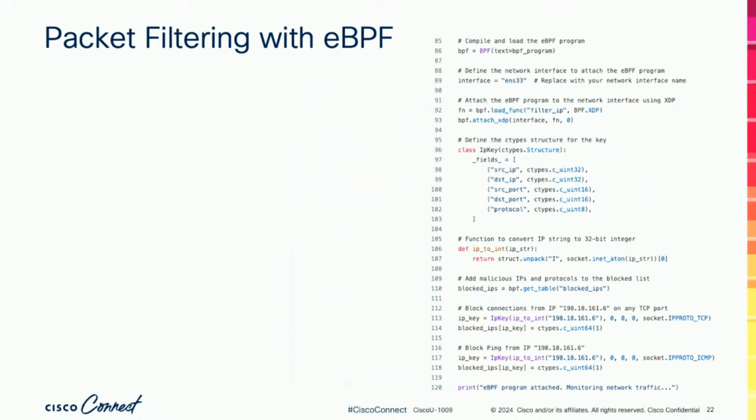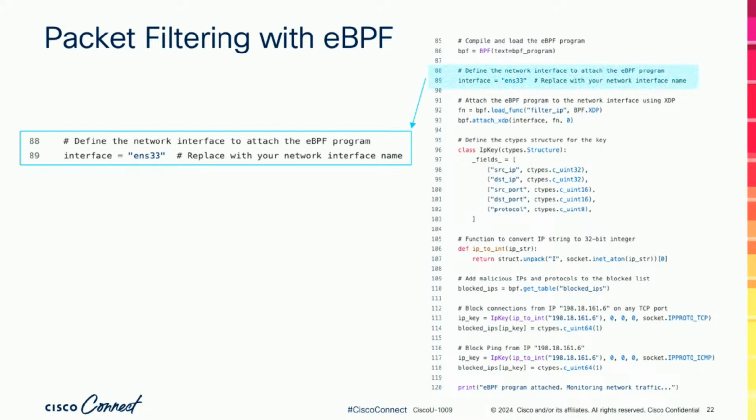Now, we have a Python script that is going to run a lot of this. And like I said, this is going to be available to you all on Cisco U as a free tutorial. But if you go ahead and run this, there's a couple of pieces of information that we need to configure in here first. The first one being the interface name. So we need to know which interface we're reading the packets in from.